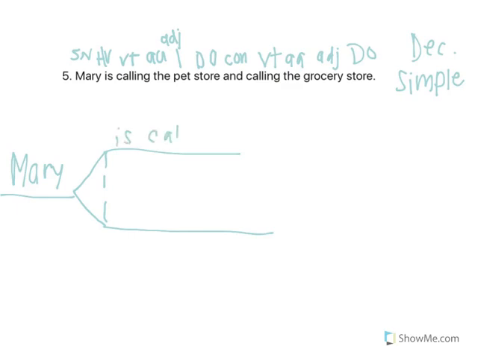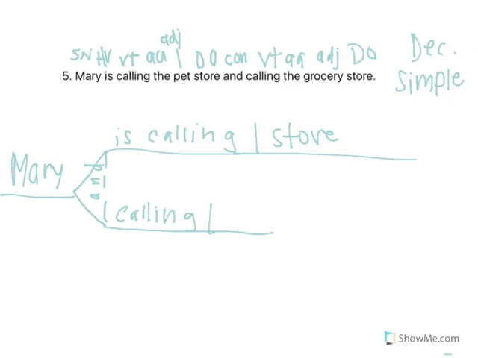A helping verb to help us express the thought. And then and is our conjunction. Who is Mary calling? Store. So it's transferring the action to store. That's what a direct object means.